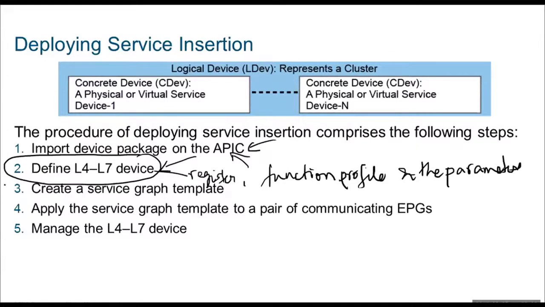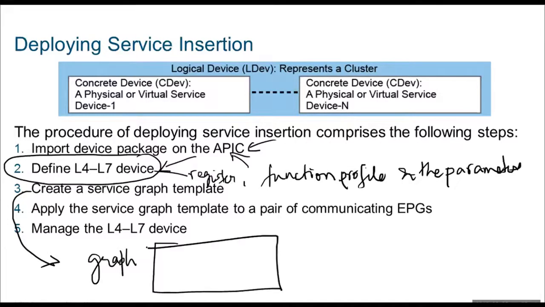Now, in this one, you want to build a graph, and then in the graph you specify the order. I want the firewall first, and then maybe a load balancer, or I want only a firewall, no load balancer. That's a graph template that you create.